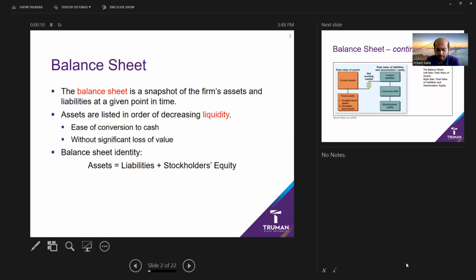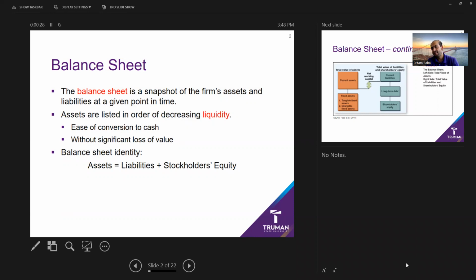When you say given point in time, what does it mean? Let's say our calendar runs from January 1 to December 31. The corporation starts the business on January 1 and the calendar period ends on December 31st.